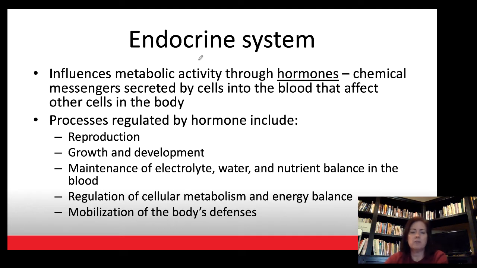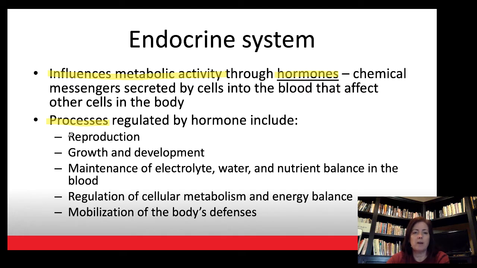So when we look at the endocrine system, the way that it works is that it primarily is going to influence metabolic activity through the use of hormones. And when we say hormones, hormones are essentially chemical messengers that are going to travel through the bloodstream to have an effect on a target organ, someplace different than where they were released. Okay? There's a lot of different processes in the human body that are regulated by hormones.